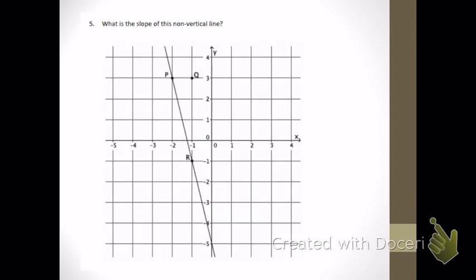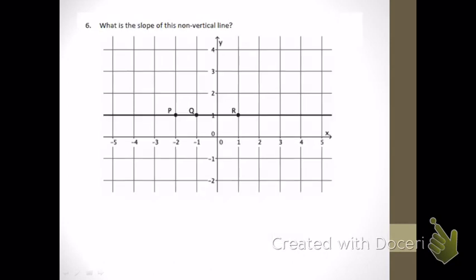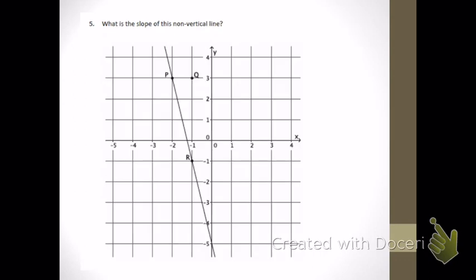All right, and for exercise 5, I can come up here to my slope triangle. I can see this is also going to be a negative slope. And what I want to do is trace out that slope triangle and move it down so that I can read it right on the y-axis.